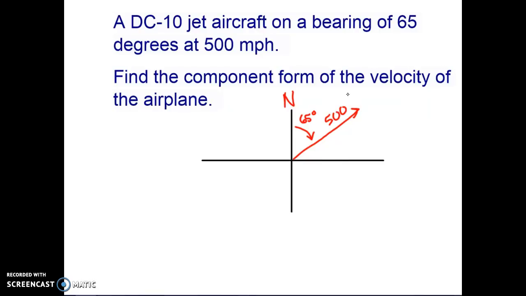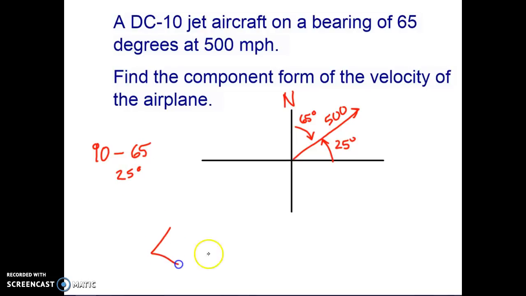It's also our magnitude. But this angle in here is the angle we have to use. That's our directional angle, and that is 25 degrees. That came from 90 minus 65, which is 25 degrees.